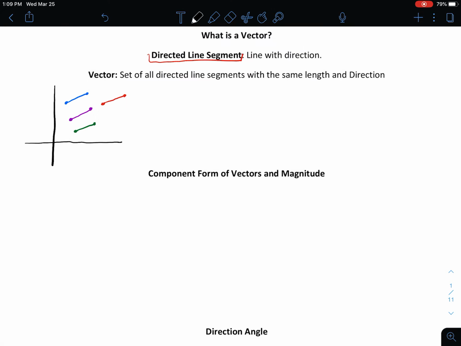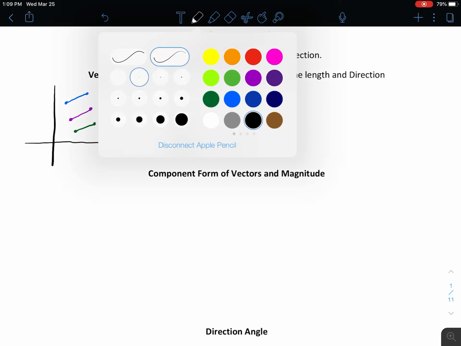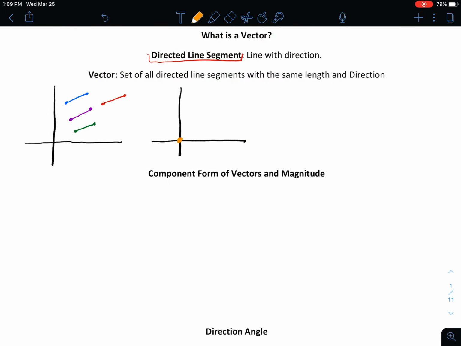So if I draw a new set of axes here, vectors don't care where the directed line segments are, so we're going to let this vector representing all four of those line segments be located with a starting point at the origin, so that's my initial point, and its terminal point somewhere over here that looks like it has the same slope. So I go from start to finish, and that is my vector.